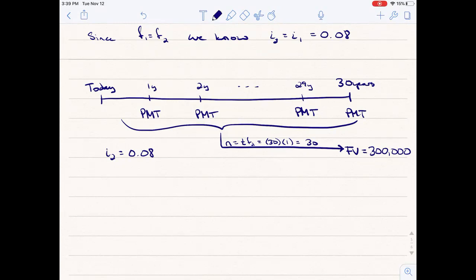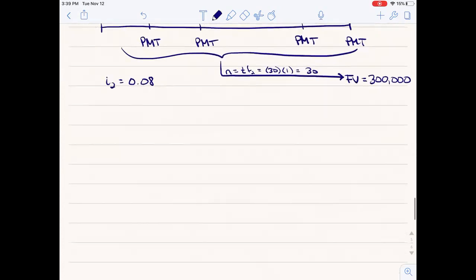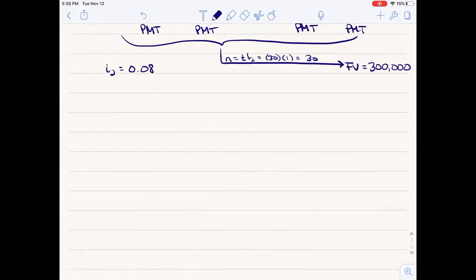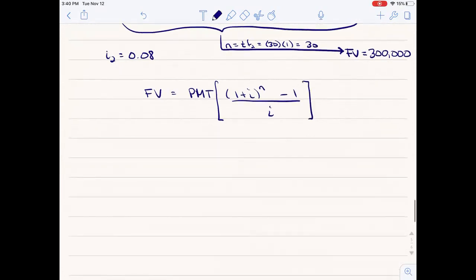Okay. So now I have everything that I need in order to solve for the payment amount. I know the future value, so I know I have to use a future value formula. The future value is the PMT times 1 plus I to the power of N minus 1, over I. Plugging in our values, the future value has to be 300,000.